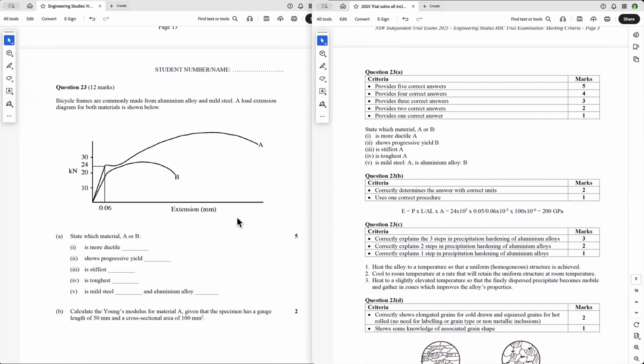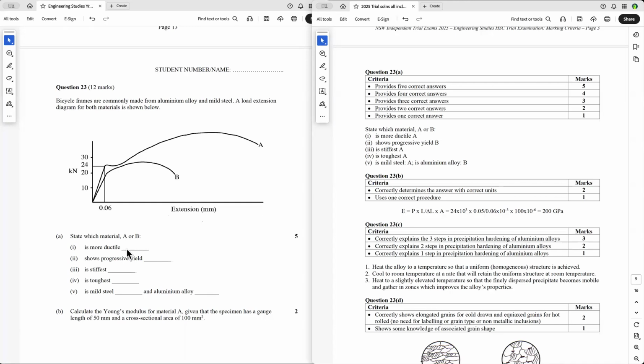You should be able to recognize this straight away, that that shows a definite yield point. You can see it just goes down there. So this is definitely mild steel, and you can see the ductility of it compared to this one here, which hasn't got a definite yield. So therefore it's got progressive yield. And so this would be typical of aluminium.